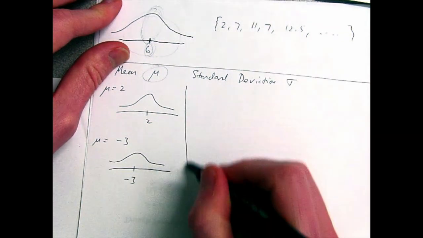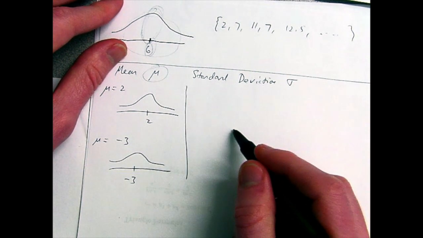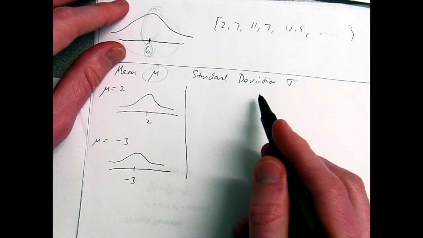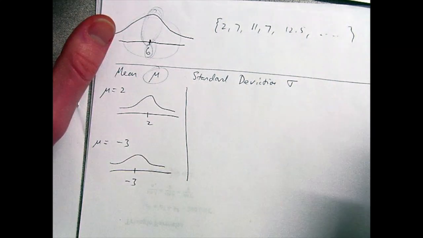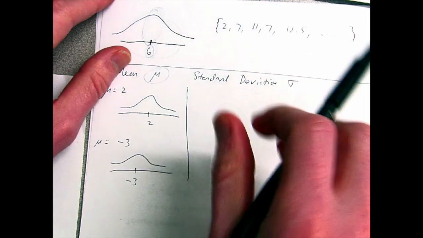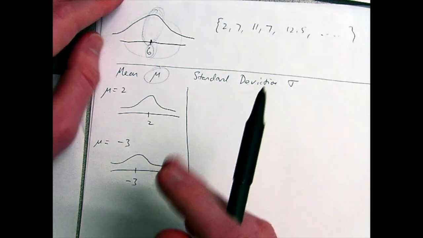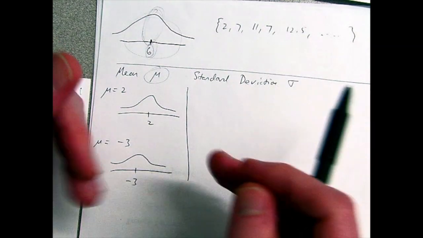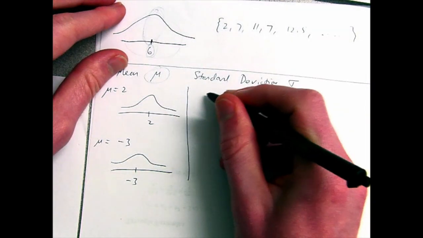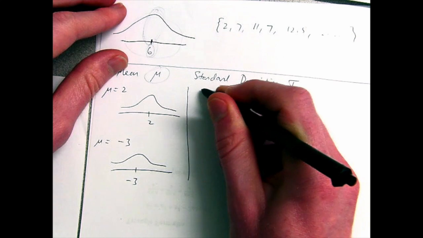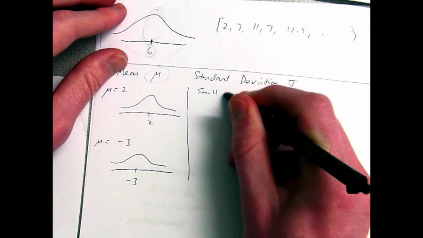Well, what does the standard deviation do? If you remember from last year and from the homework, standard deviation is a measure of the spread in the data. It's how spread out the data is. So adjusting sigma, the standard deviation, controls how flat or spiky the distribution is. For example, imagine that I have a very small value of sigma.